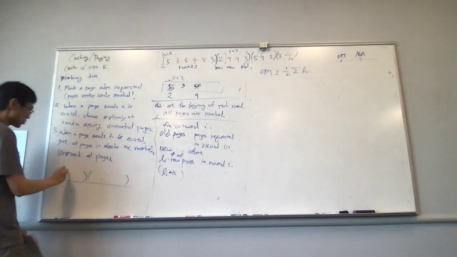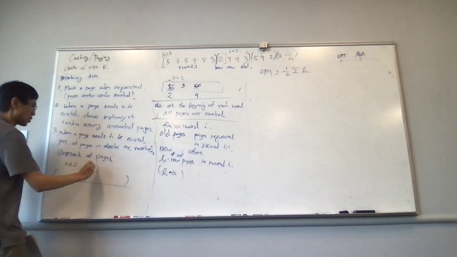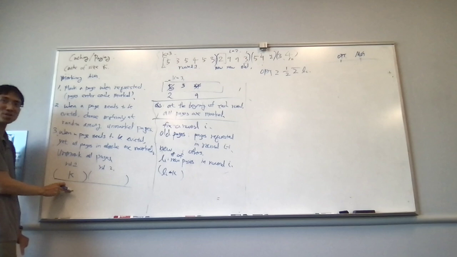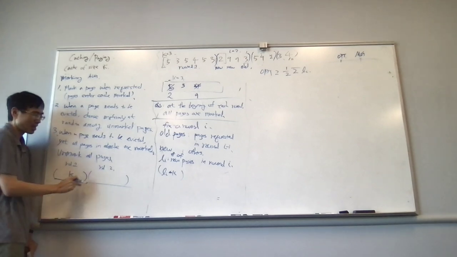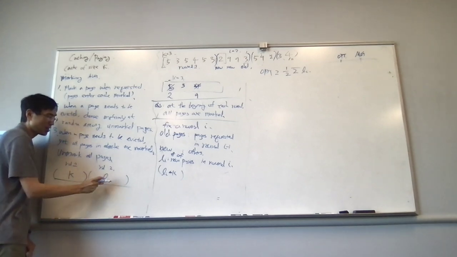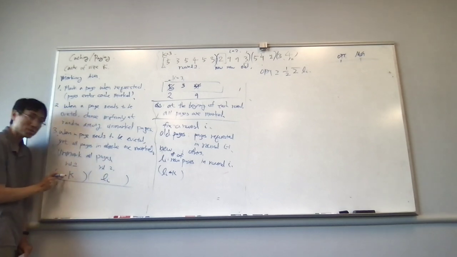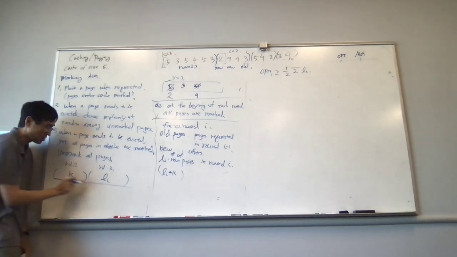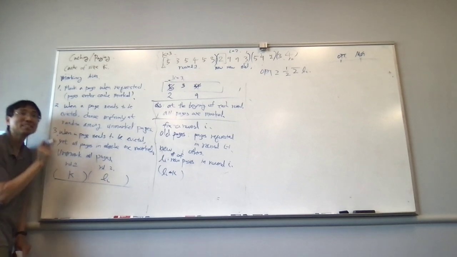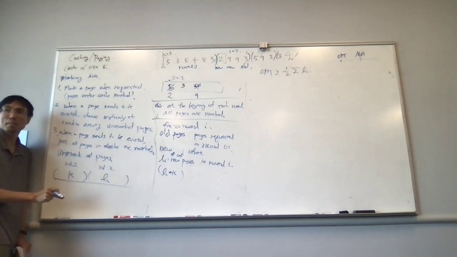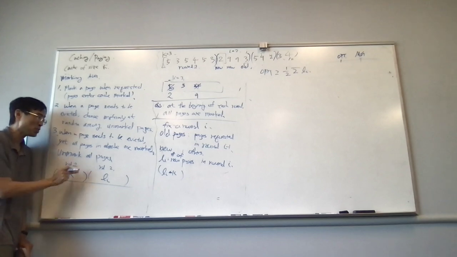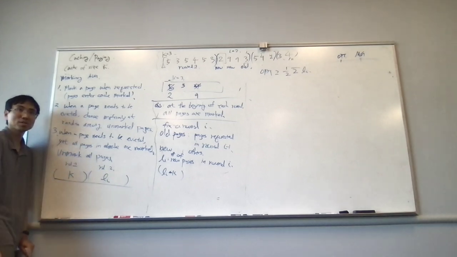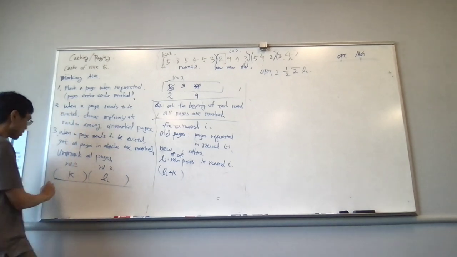Let's look at, say, round 1 and round 2. There are k different pages here, and then there are li pages that are different from these k. Therefore, in these 2 rounds, there are k plus li different pages. Therefore, any algorithm will be forced to make at least li page faults.